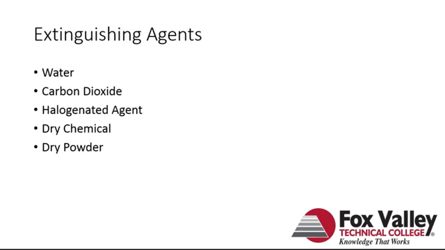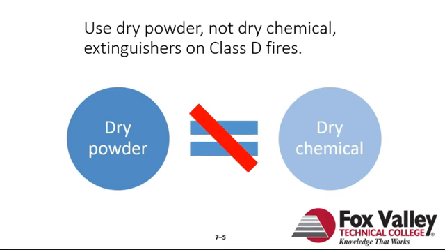So when we look at our fire extinguishing agents, we really have 5 main ones we look at. Water, carbon dioxide, halogenated agents, which are also called clean agents, dry chemical and dry powder. And it's very important to recognize that dry powder is not the same as dry chemical.